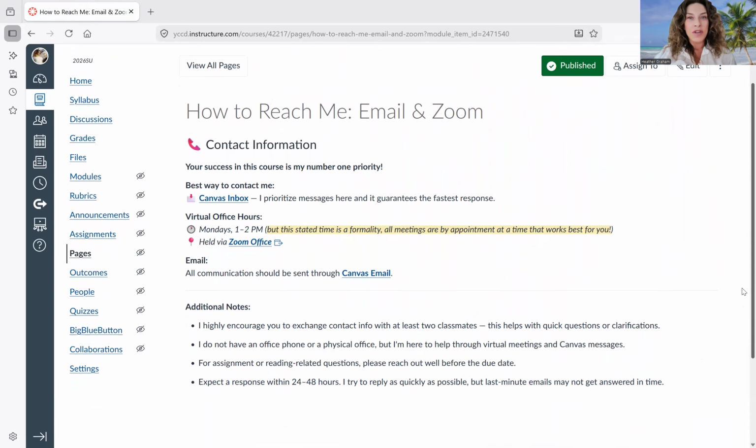And here's how to reach me. The very best way is right here through Canvas, through the inbox, email inbox. I've provided a link here, and I read my emails regularly, so I will respond to you rather quickly. However, if you do have a question about an assignment, it should come in sooner than later.